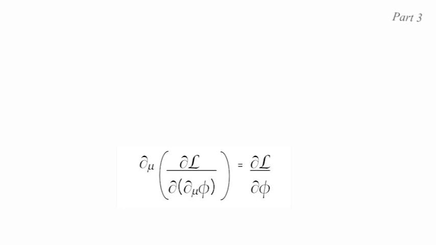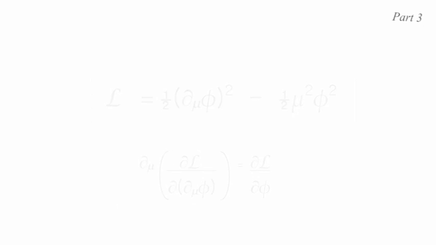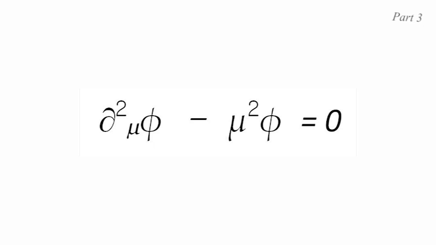We now need to apply this Euler's equation to our simple scalar field Lagrangian if we're going to get what you might call the equation of motion of this very simple scalar field. Believe me, this isn't difficult to do. You just take Euler's equation, put in this value of L, and do the various differentiations. I won't show it line by line. I'll just say that what you end up with is this equation: d2 of mu phi minus mu squared phi equals 0.